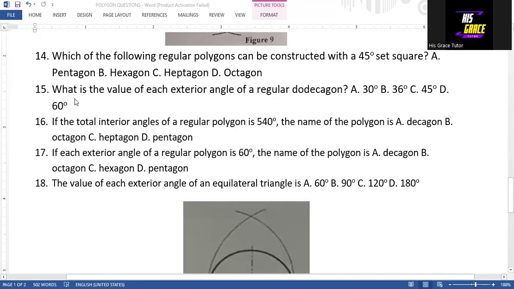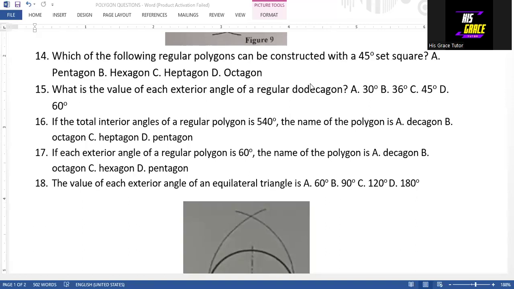Then question 15 says, what is the value of each exterior angle of a regular dodecagon? The first thing I need to know is that a dodecagon is a 12-sided polygon.